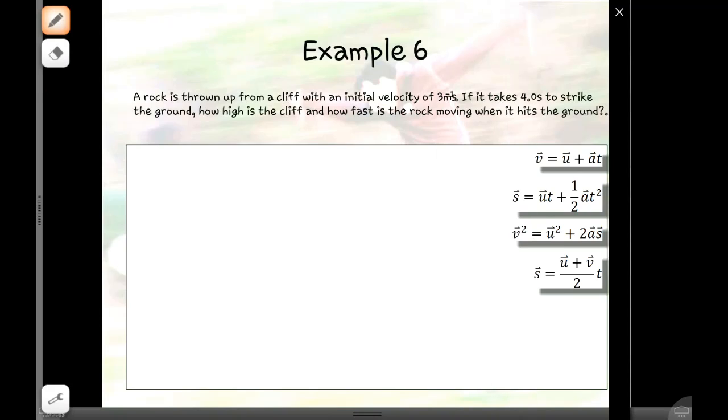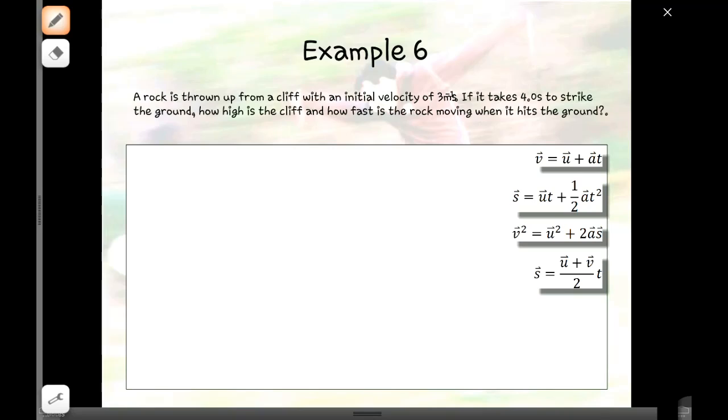So let's open this back up. Write down our knowns. We have our initial velocity u equals 3 meters per second, and it's up. It takes 4 seconds, so that's going to be time. And I know this says 3. Let's go ahead and cross that out, and I'm going to tell you it's 3.0 m s to the minus 1.